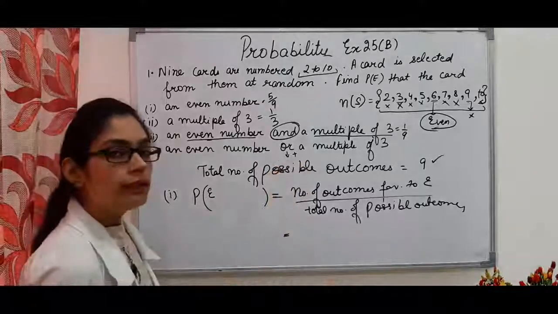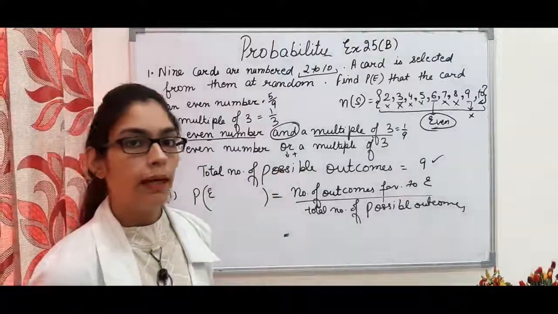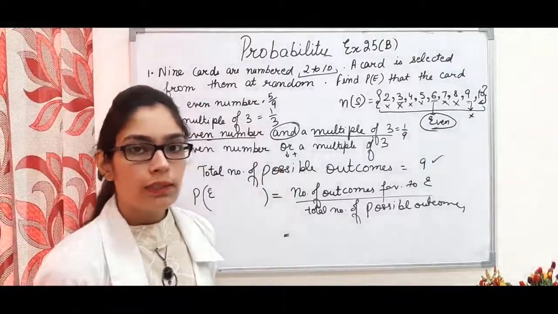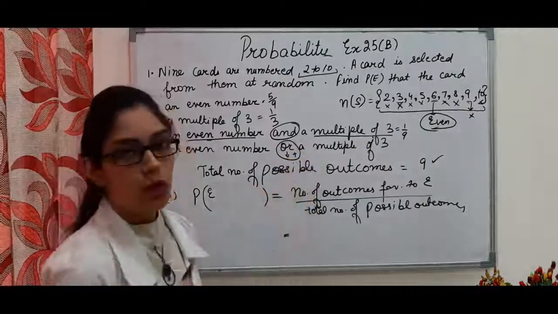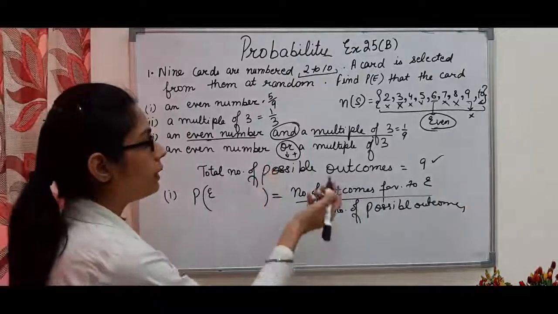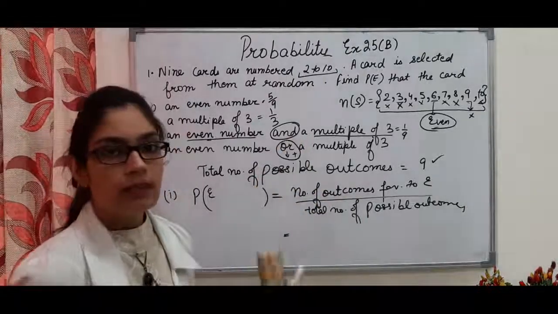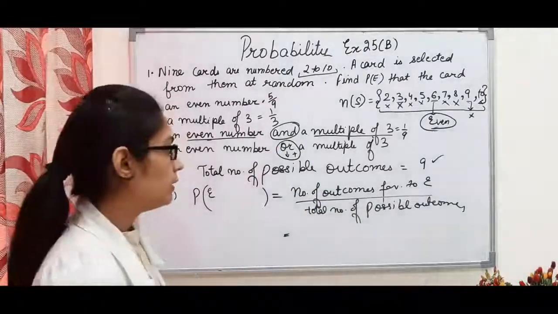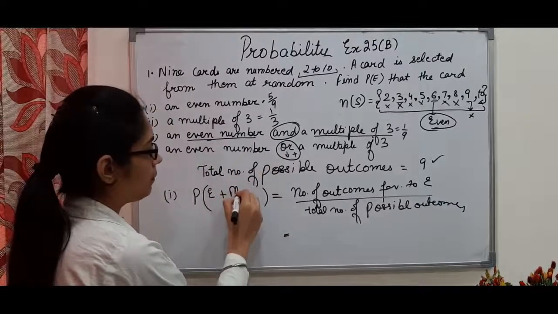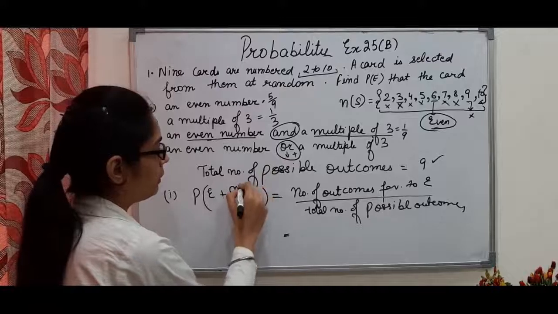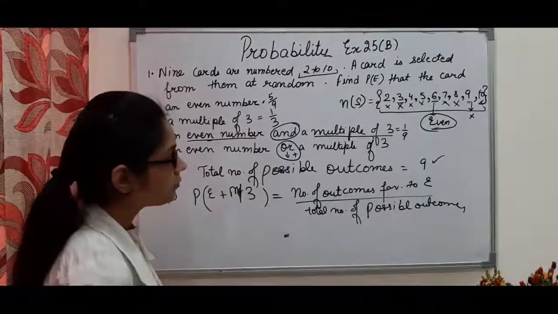Try to remember it by memorizing plus sign as OR. So OR means plus, AND means a single number should satisfy both the things. So an even number plus a multiple of 3. So multiple I will write in short.